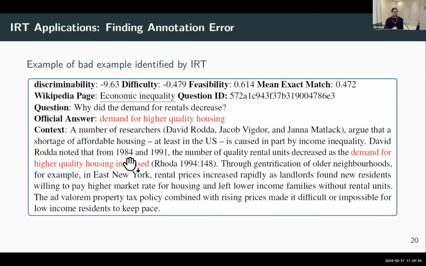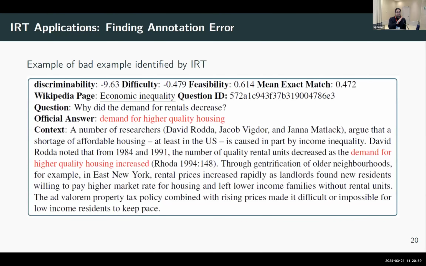So the question just doesn't make sense because the demand for high quality housing increased, not decreased. So it's a bad assumption of the question. These are the kinds of examples that we were able to much more easily find. And then the next step is remove those examples from the data set so that your data set is better.